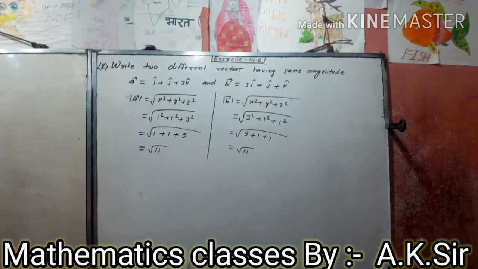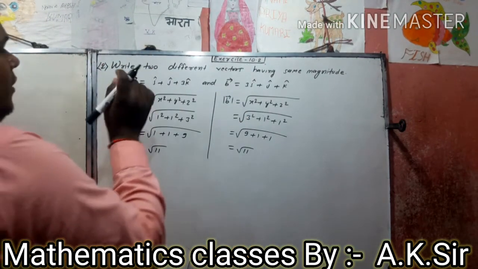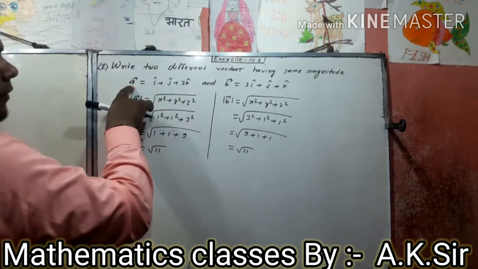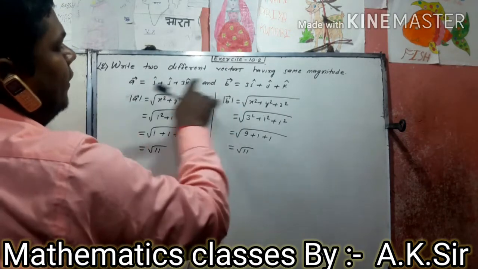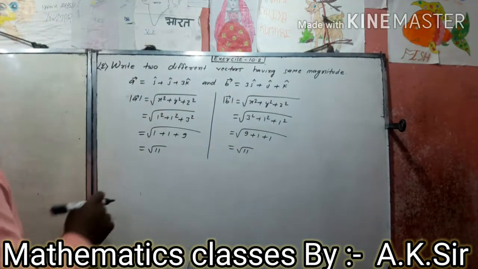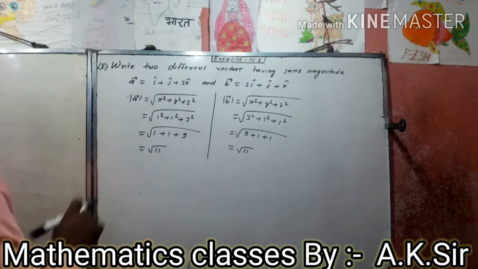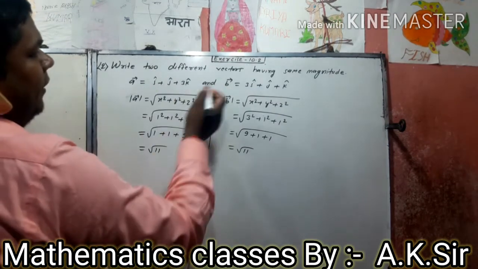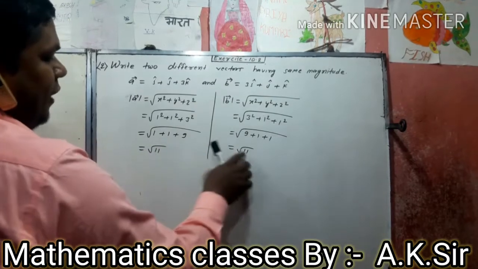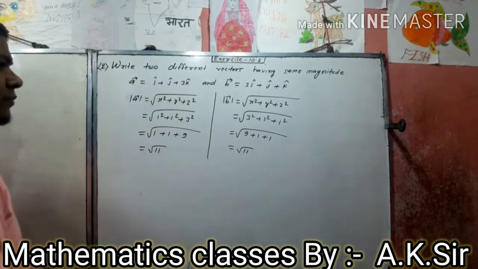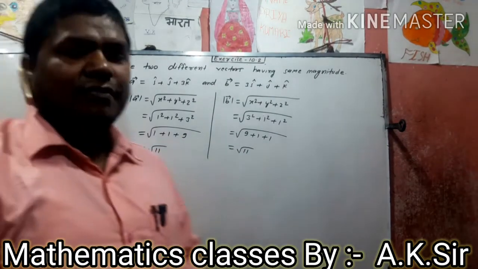We see here both vectors A and B are different vectors, and both vectors A and B have the same magnitude. This is our answer.